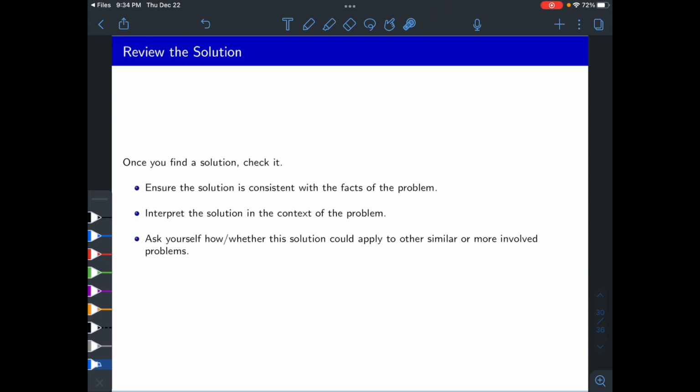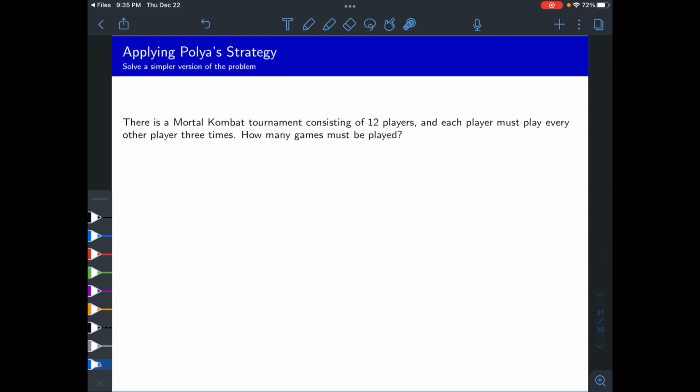If you can see a solution and think, oh yeah, this would be really useful for something like this, or if this problem was tweaked in this sort of way, then all I would have to do is change this, this, and this in my solution, that's just going to build your problem solving toolkit, and you'll just be better because of it. So let's see a couple of problems and specific examples of that giant list that we built of problem-solving strategies.